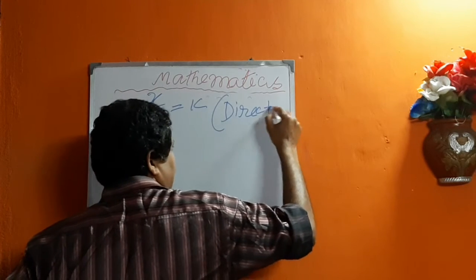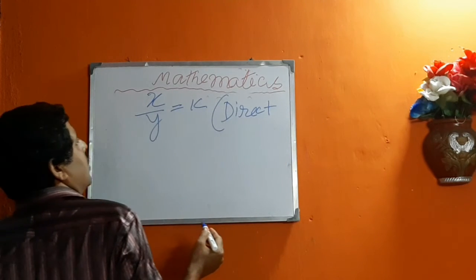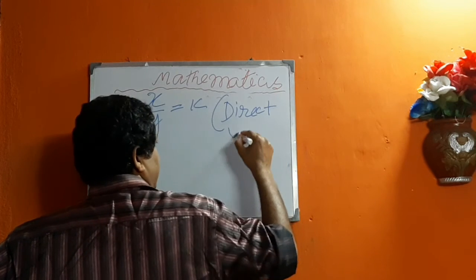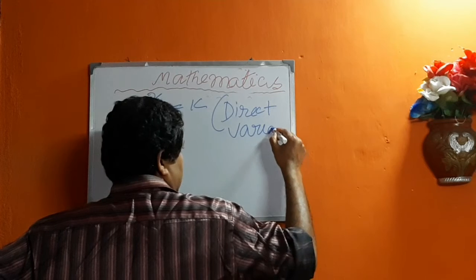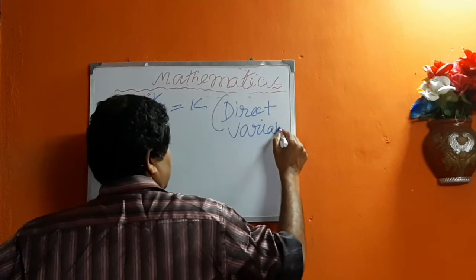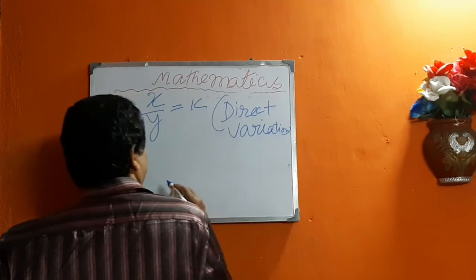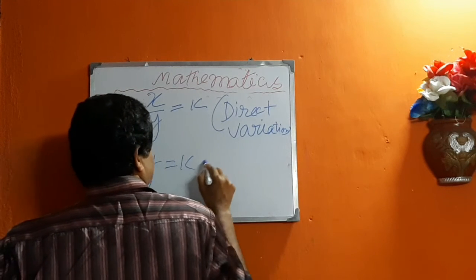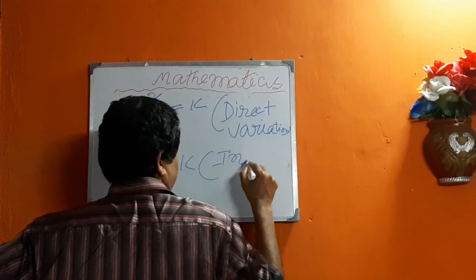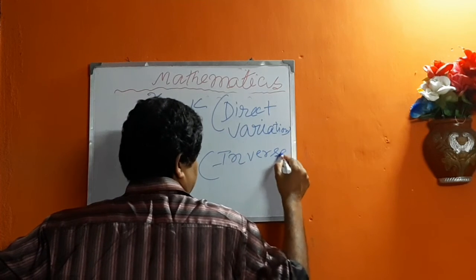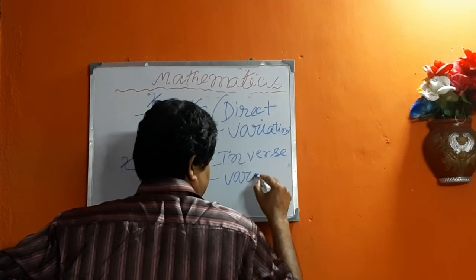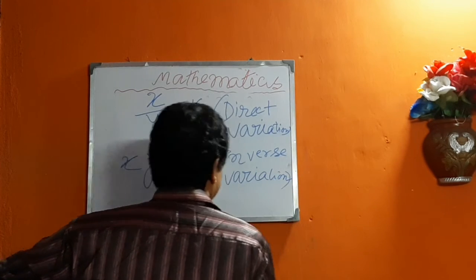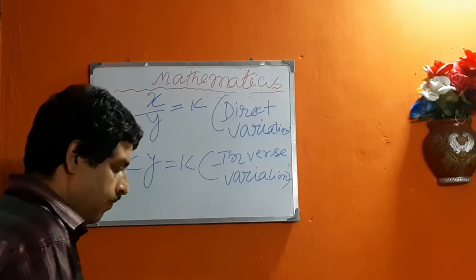Sometimes you can say directly proportional, x is directly proportional to y, or direct variation, x by y equals a constant. And if x into y equals a constant, then it is clearly inverse variation. So these are the two concepts of variation.